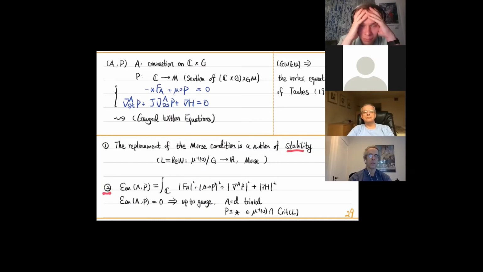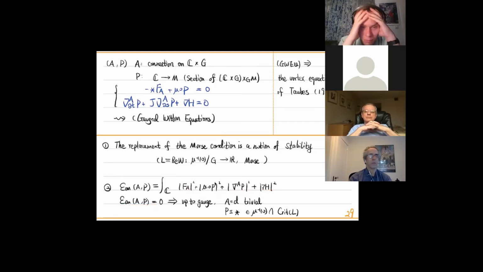The second thing I want to say is the notion of energy. In this case, the energy is simply defined as an integral of a few L2 norms. And let's think about the consequence. We have already seen all these terms in the gauged weighting equations. So what will happen if the energy is identically zero?